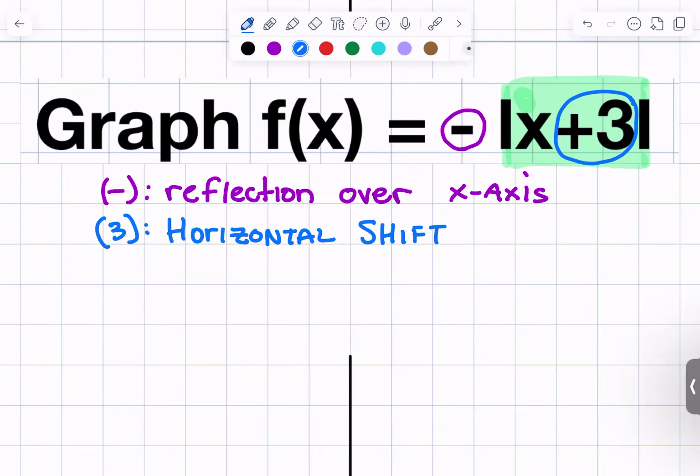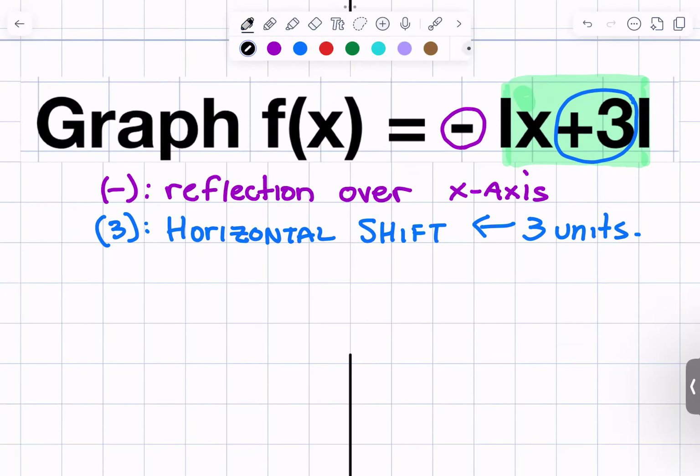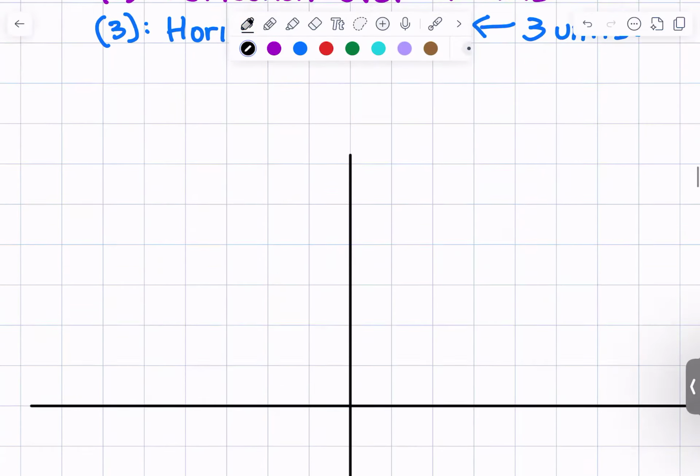So we see a plus 3. So you think it's going to grow by 3, so you're going to move it to the right 3. But opposite means going to go to the left 3 units. Okay? So there's my description of all the transformations that's occurring on this.